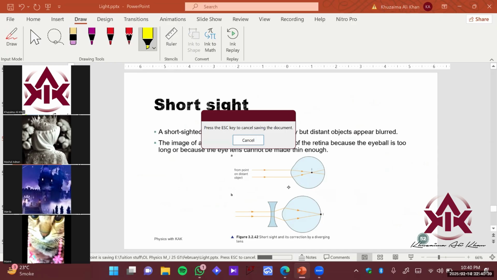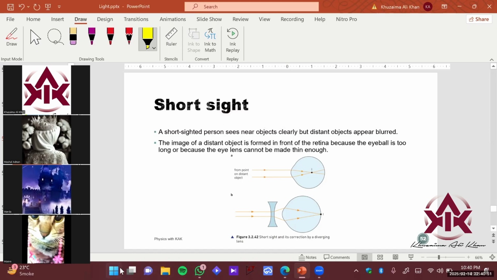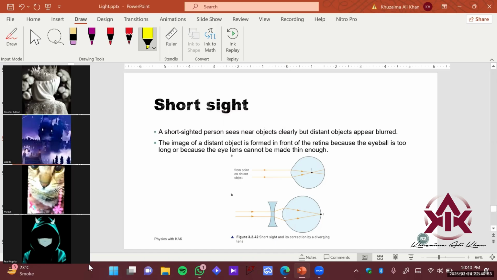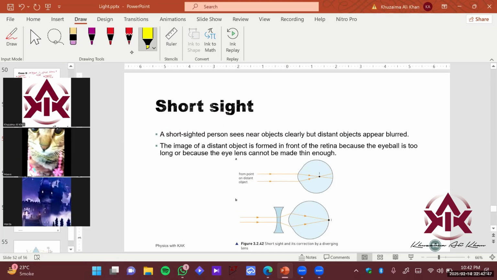Okay, imagine, I believe there might be some people who are wearing glasses. I myself have glasses for long sightedness. So I'll explain why we have different types of glasses and how they are designed depending upon the scenarios. We have two types of issues in our eyesight: we can be short-sighted or we can be long-sighted, right?